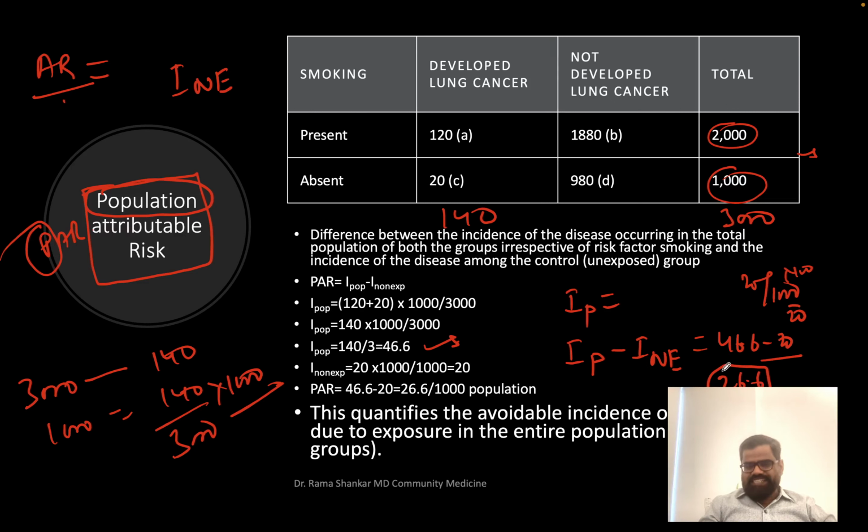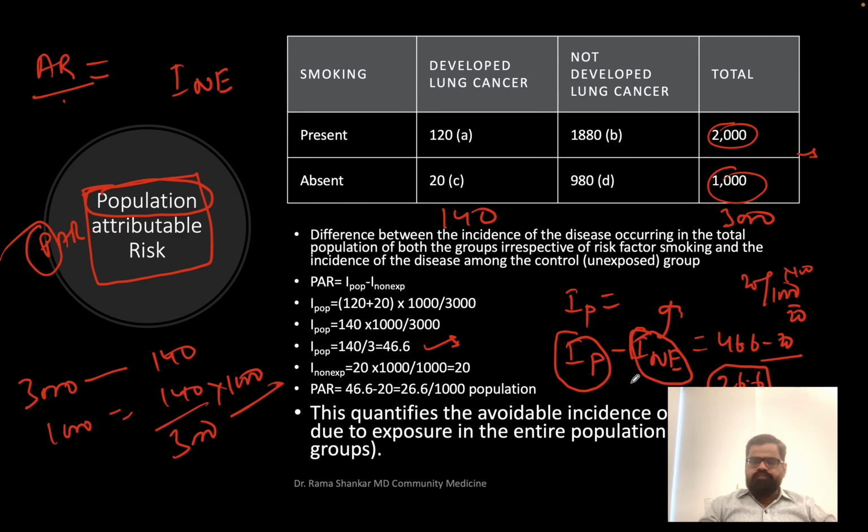So what is this? Now try to understand. The non-exposed group, they were not smoking. So they have developed lung cancer, and I don't know what is the reason behind it. There are some other factors. So what I did, in the incidence in total population, I removed this non-exposed incidence.